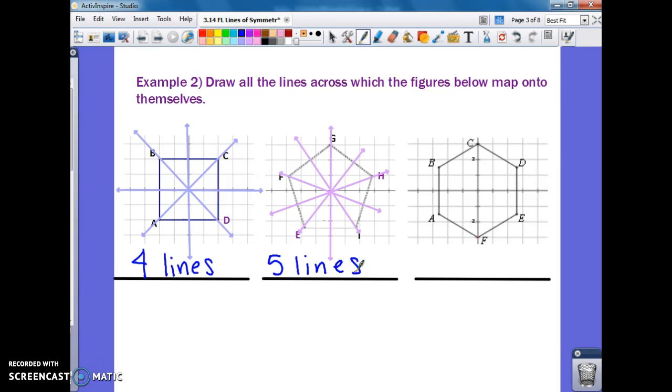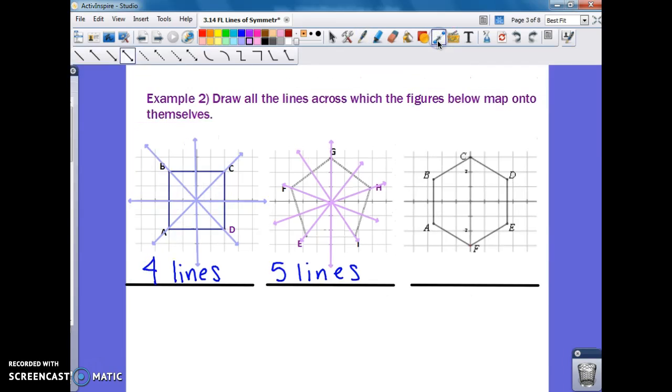And last, we have a hexagon. And our hexagon has the obvious horizontal and vertical.